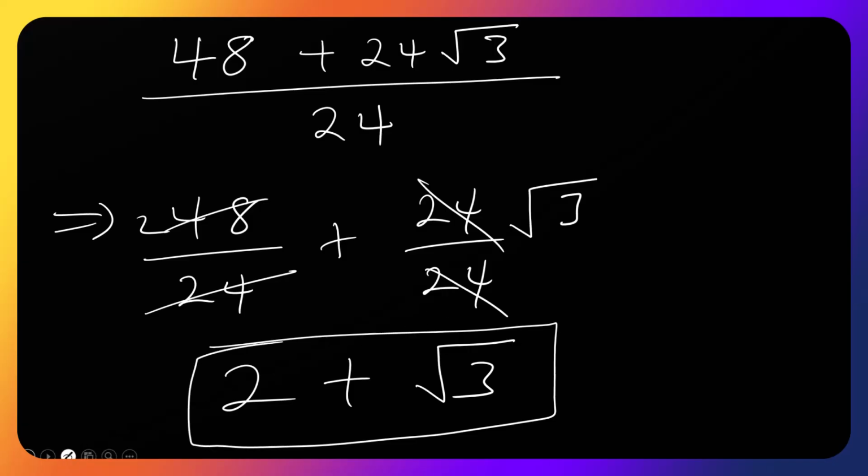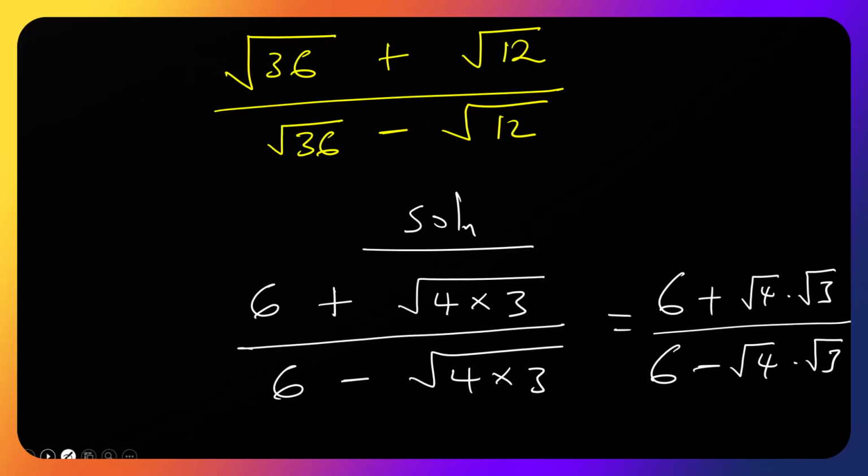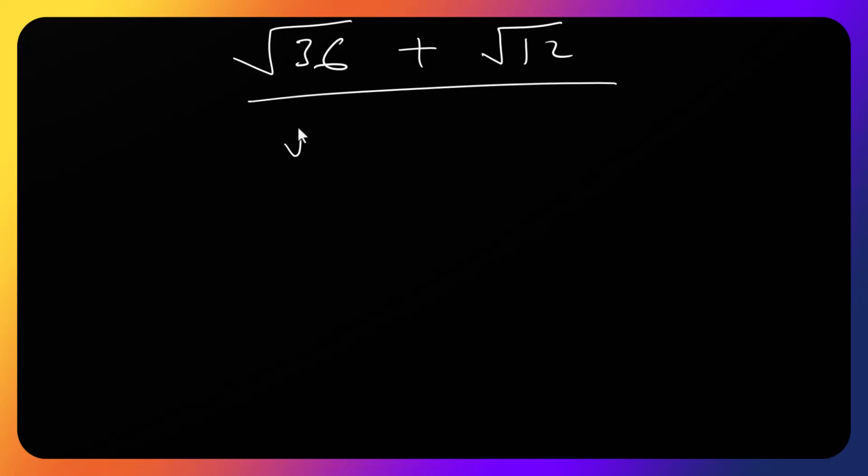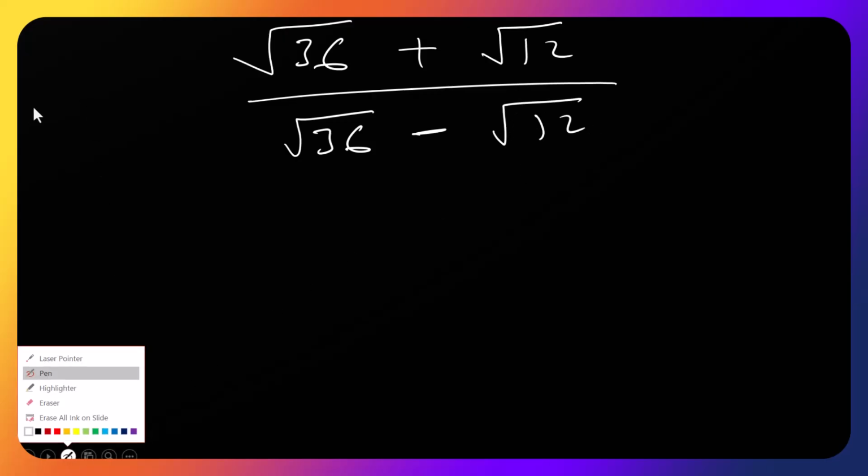Okay, let's look at the second method, same question. Square root of 36 plus square root of 12. Okay, so let's look at method 2.